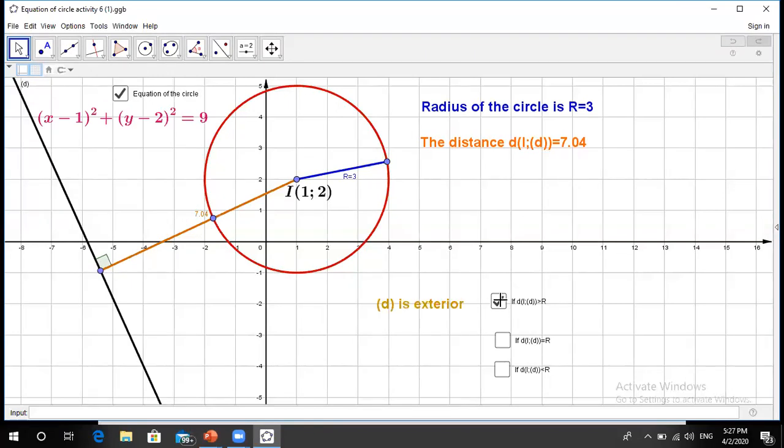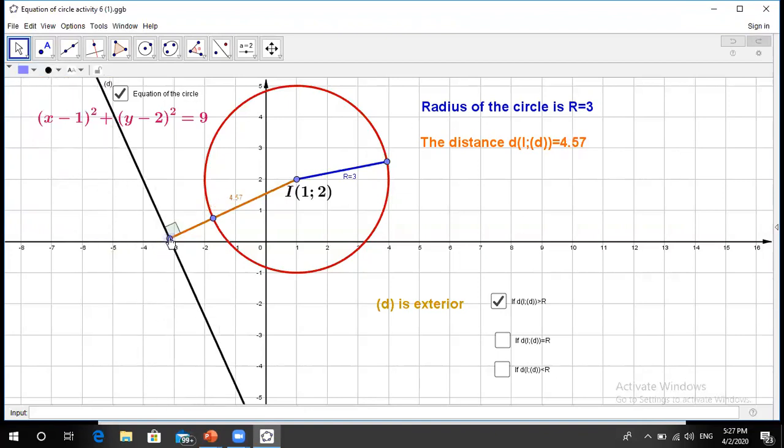So if the distance between the center and the line is larger than r, then there are no points of intersection, and we say that the line is exterior to the circle. What if the distance between the line and the circle is exactly 3?